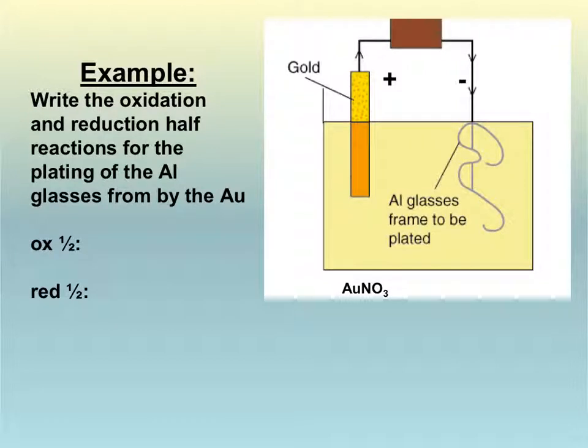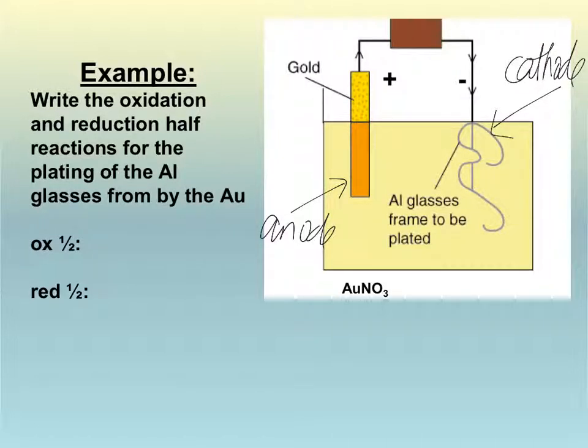Here we have some aluminum glasses. We want to frame them or plate them with gold. You see we have the gold electrode. That is definitely the anode. And then we have the material we're trying to plate onto. That is the cathode. And then we have a gold nitrate solution, so we also have little gold ions floating around in solution.